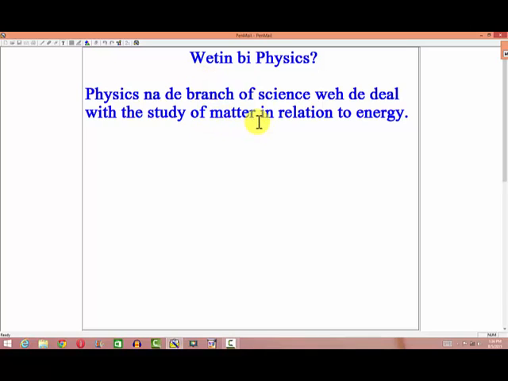And the branch of science will concern much about matter in relation to energy.